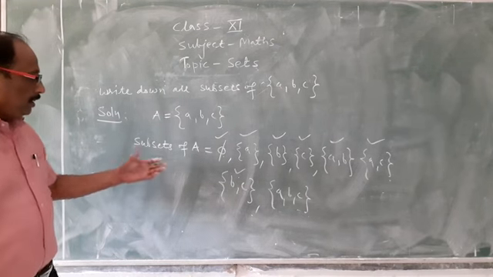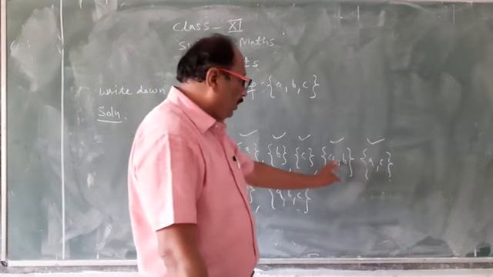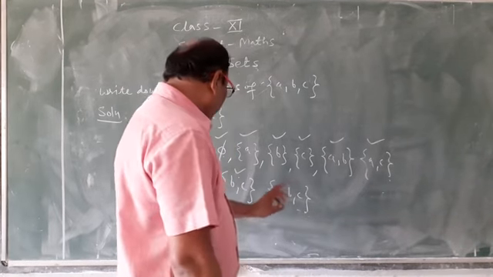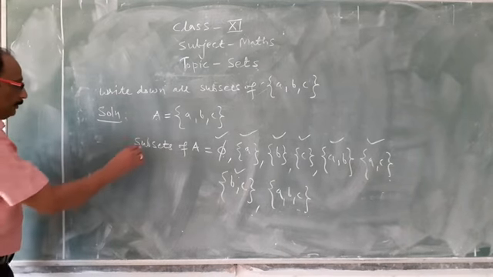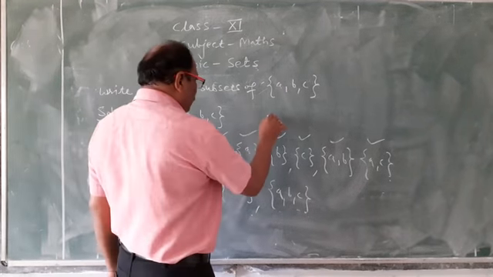How many subsets are there? 1, 2, 3, 4, 5, 6, 7, 8. 8 subsets are there. Any set having 3 elements has 8 subsets in total.